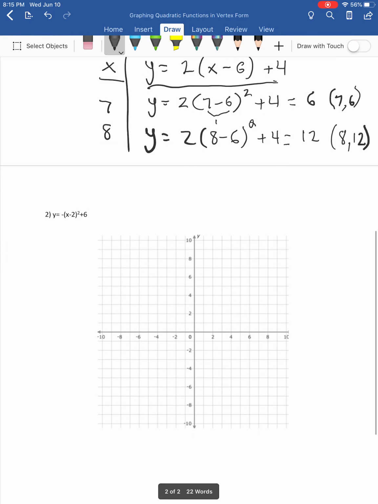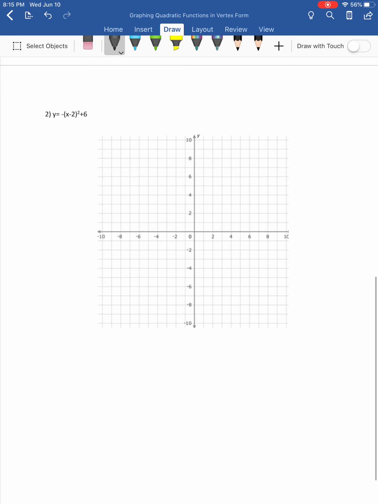All right, next one. Okay, so the vertex of this one is (2, 6). Let's make a table. Well, actually, let's plot this first. (2, 6) is right here.